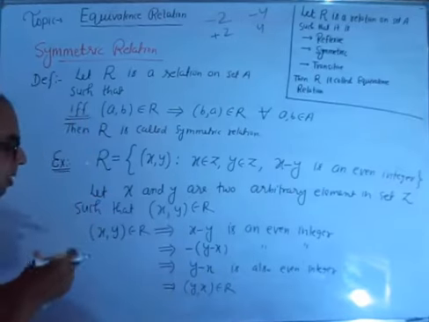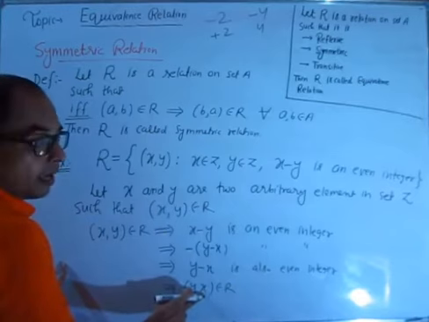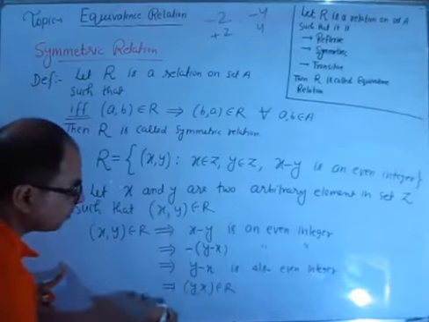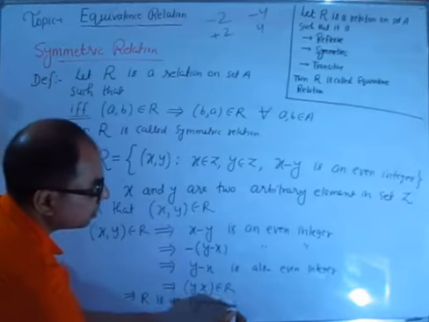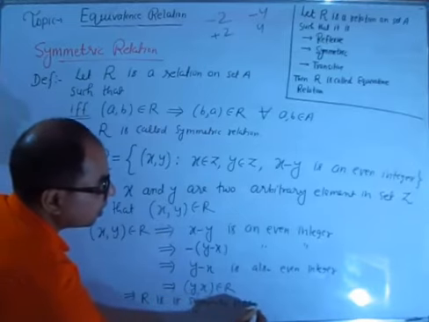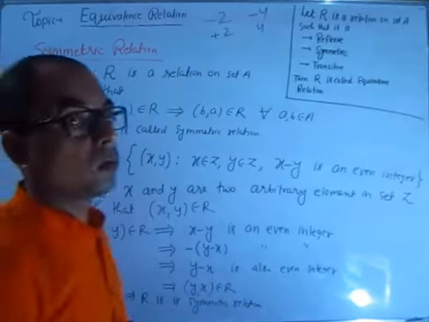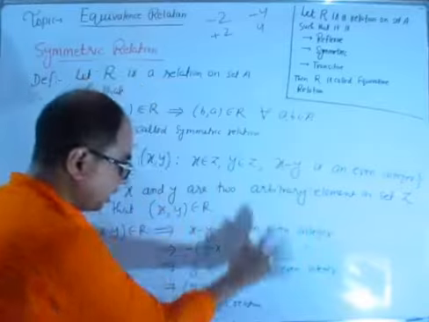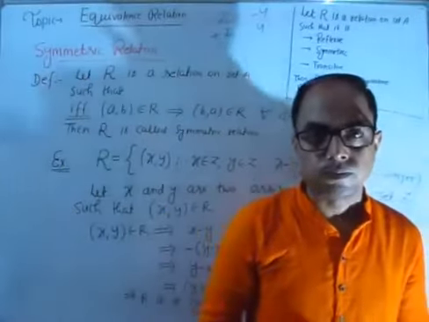So we have proved that if x is related to y, then y is also related to x. Therefore, now we can claim that R is a symmetric relation. After that, if you want to give an example to strengthen your logic, then you can give an example also.